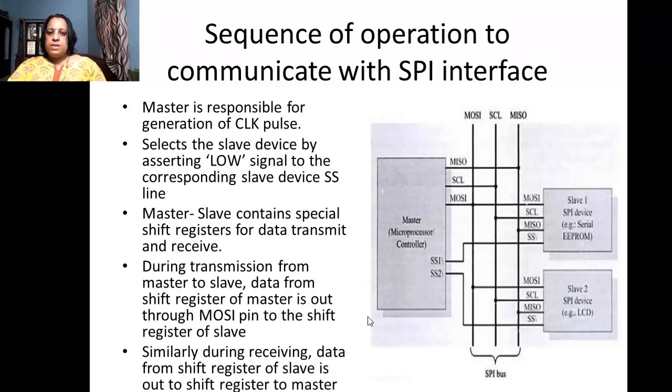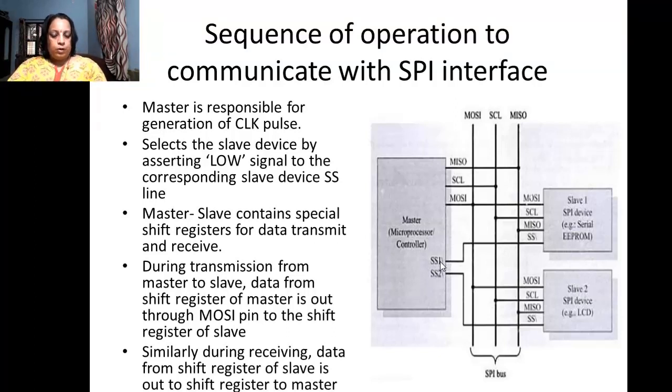So what is the sequence of operation that happens when we want to communicate using SPI, serial peripheral interface? As we said, there are 4 lines: the master out slave in line, the clock line, and the master in slave out line. Here we have taken an example of 2 slave devices connected with the master, with slave select line 1 and slave select line 2.